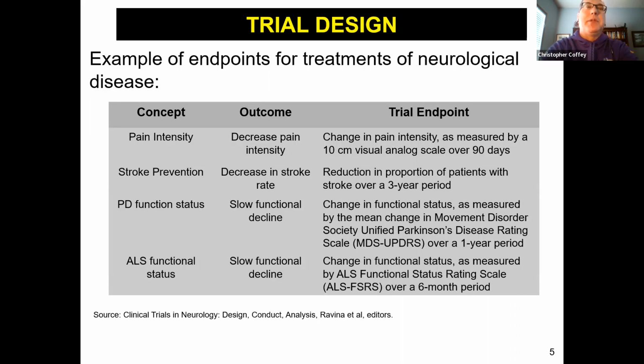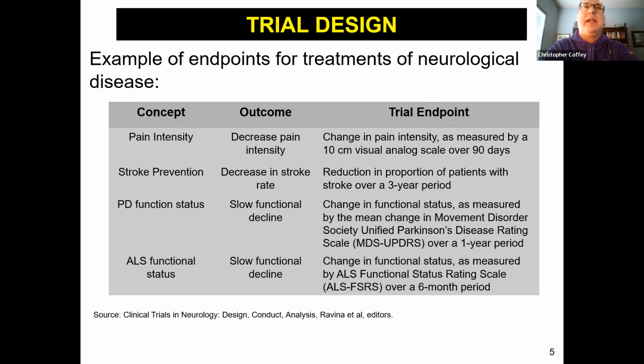This gives some examples, and each of these is an example that I've actually had experience with, and these are summarized in a textbook that was published from some of the people who organized a prior iteration of the course that was held in Vail in the 2000s. But it shows how you have a concept, you have an outcome, and you have an endpoint. So you might say, I want to do a study in order to decrease pain intensity, right?